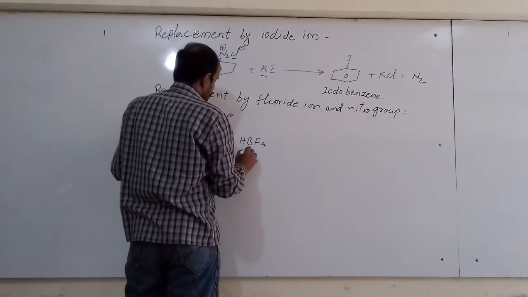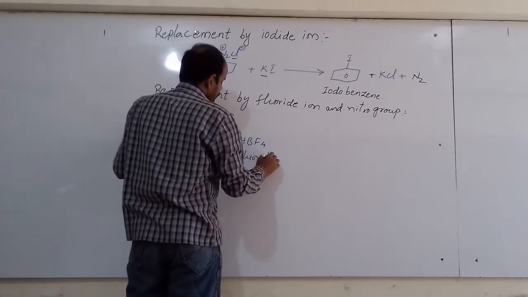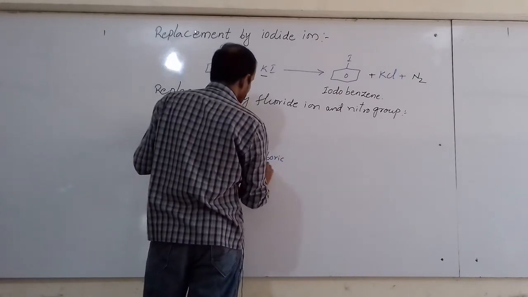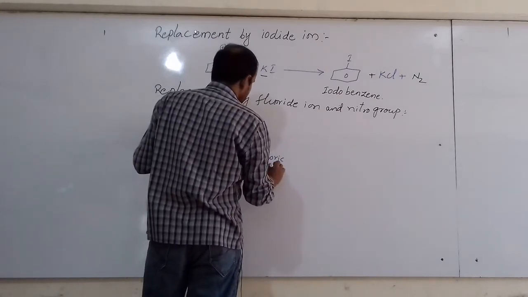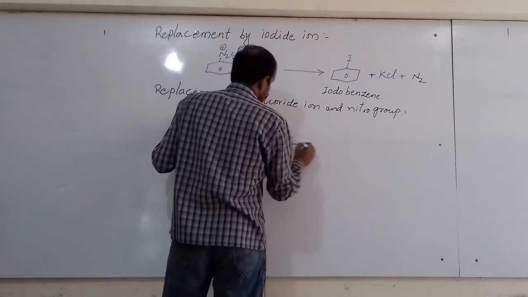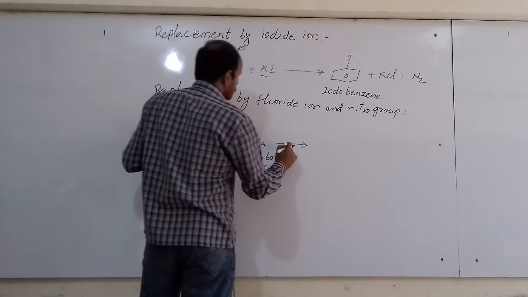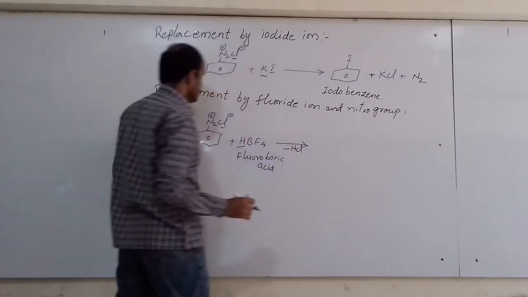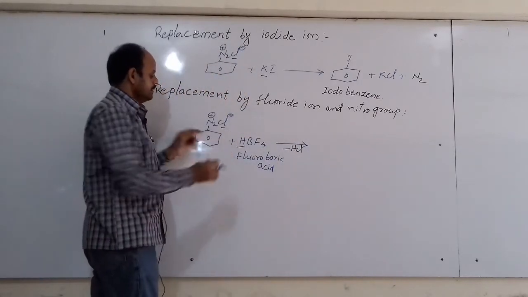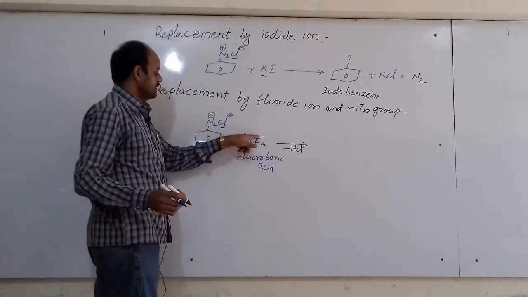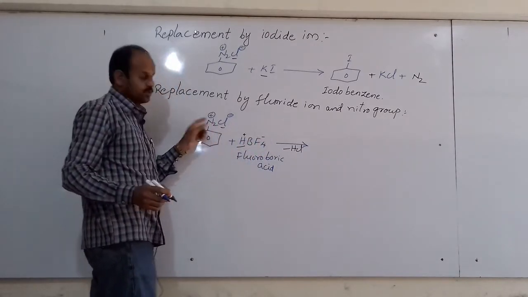It is fluoroboric acid. Then H and Cl are removed as HCl. After dissociating into H plus and BF4 minus, the BF4 minus attacks the diazo group.